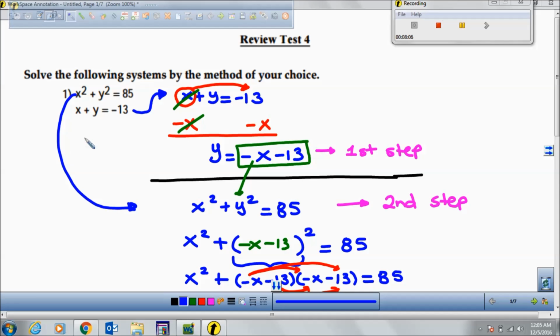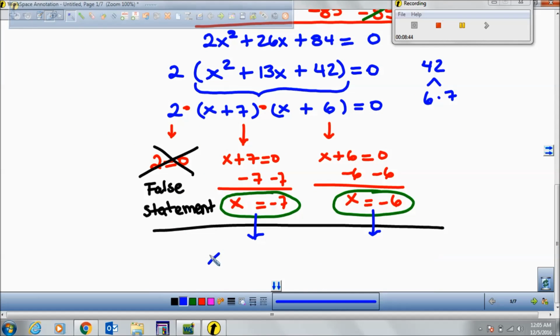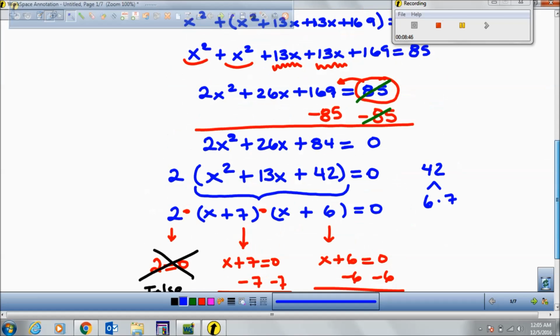But when solving a system of nonlinear equations, where the second one is a line but the first one is the equation of a circle because of the exponents being higher than 1, you always have to choose the easiest one. When one equation has a higher exponent than 1 and the other does not, you always want to choose the easiest one to substitute. It makes a difference.